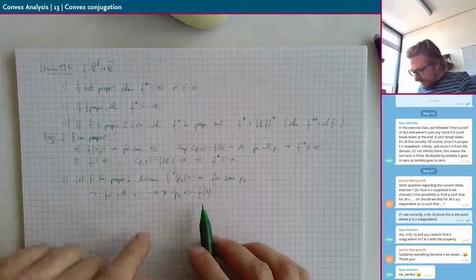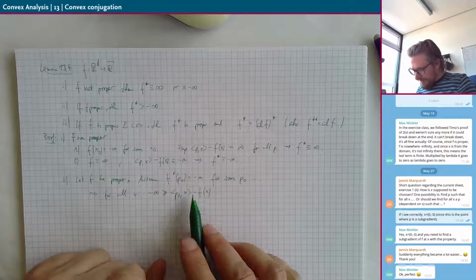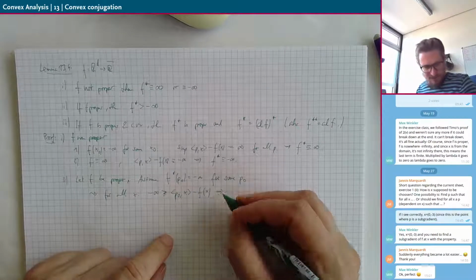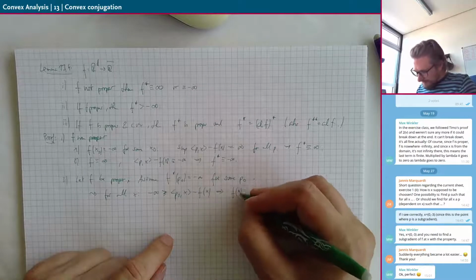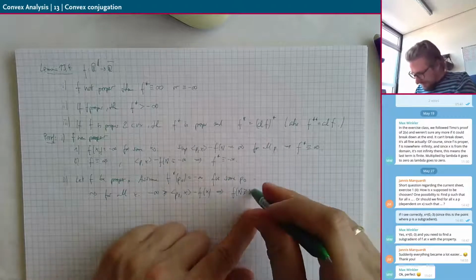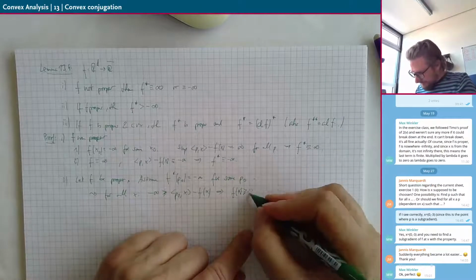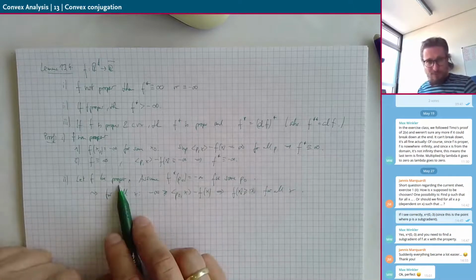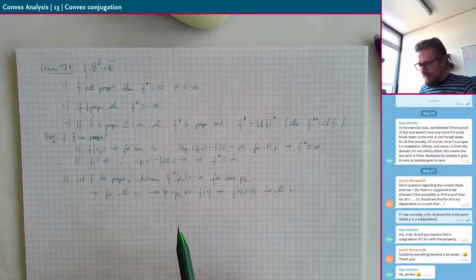But what we see here is this can be rearranged. If we add f of x and subtract infinity, this implies actually that f of x is larger or equal to infinity for all x, and then it's not proper. So we kind of proved the contraposition.